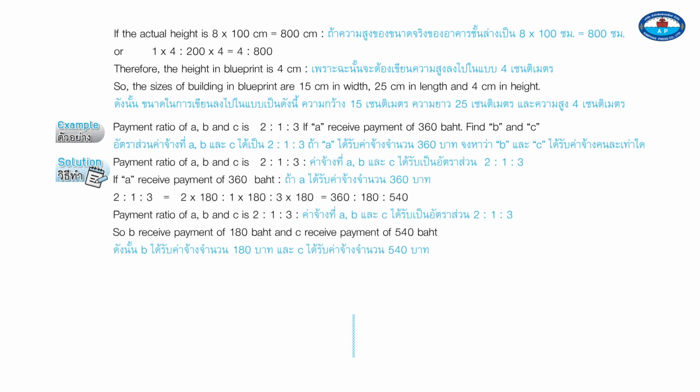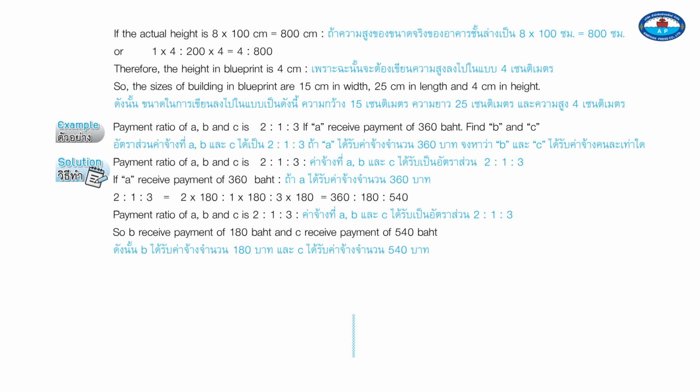Solution. The payment ratio of A, B, and C is 2:1:3. If A receives a payment of 360 baht, 2:1:3 equals 2 times 180 : 1 times 180 : 3 times 180 equals 360:180:540. The payment ratio of A, B, and C is 2:1:3.